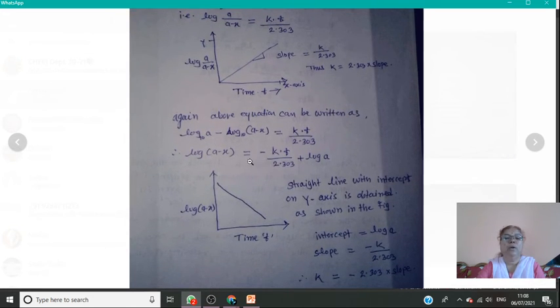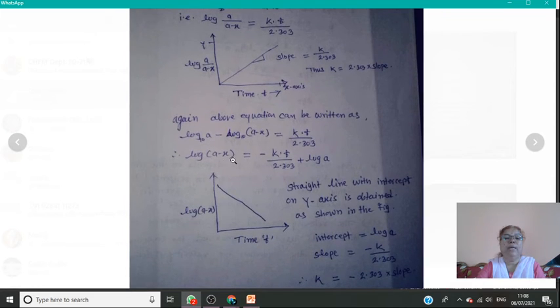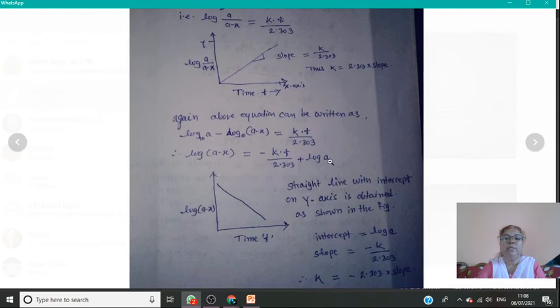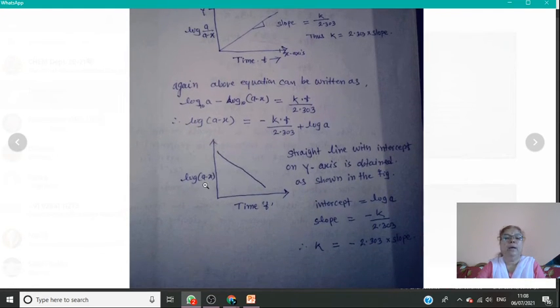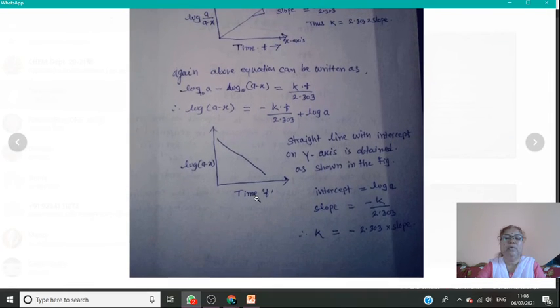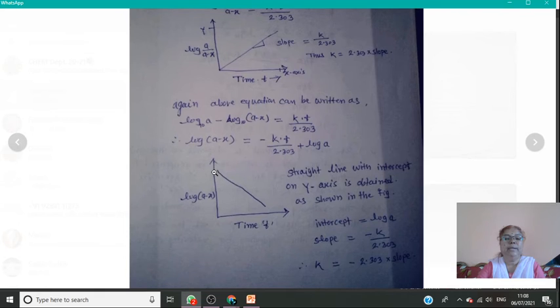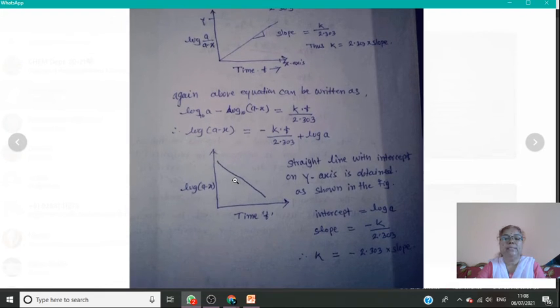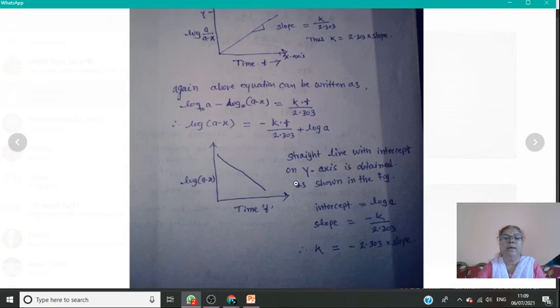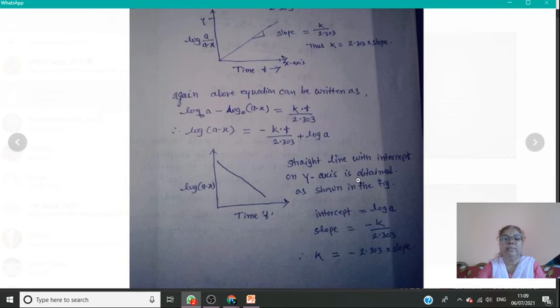Therefore log of a minus x is equal to minus k into t upon 2.303 plus log a, and if we plot the graph of log of a minus x versus time, it gives intercept on y-axis. Here again we obtain a straight line with intercept on y-axis.